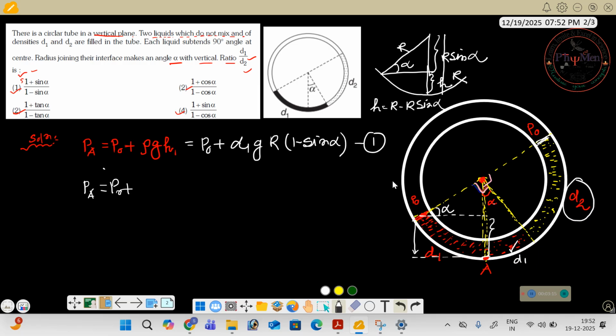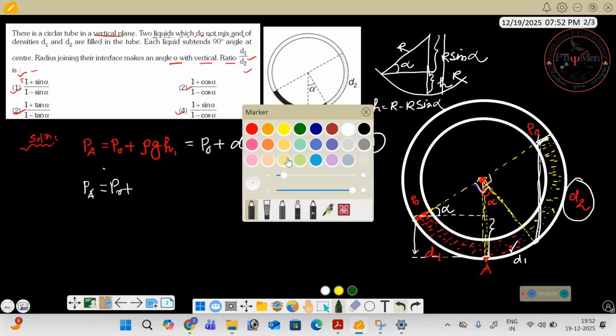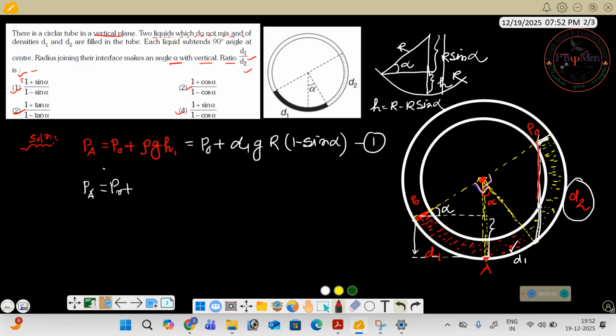So P0 plus, for this liquid, the pressure at this point we can calculate. This is H2, suppose P0 plus D2 g H2, and if this height is H3, then plus D1 g H3.